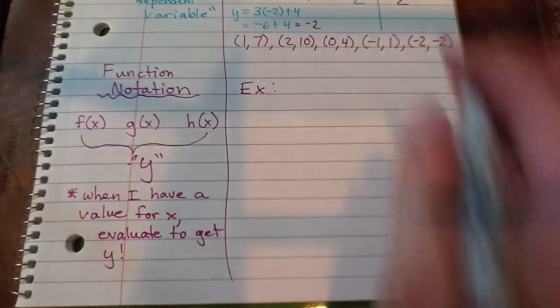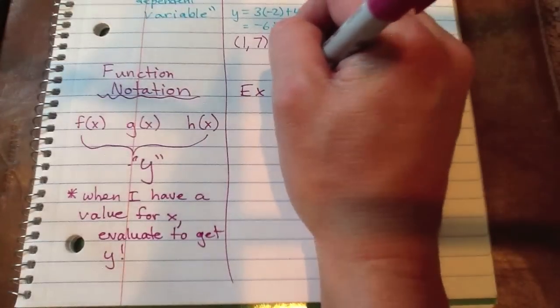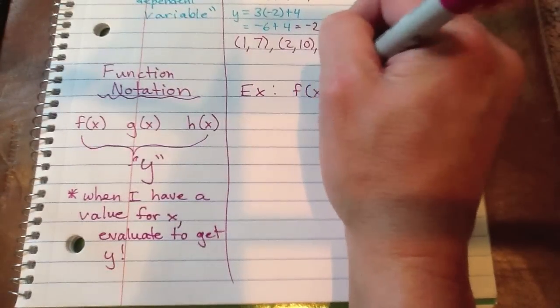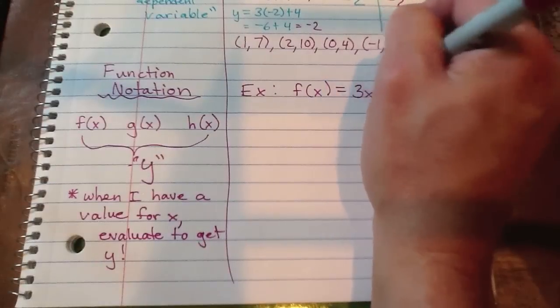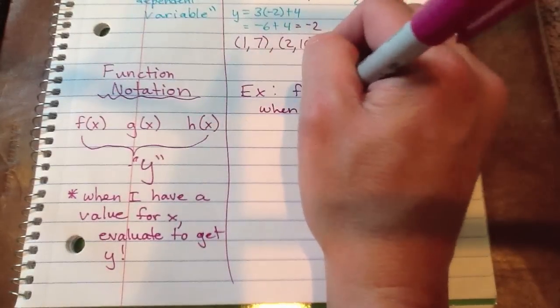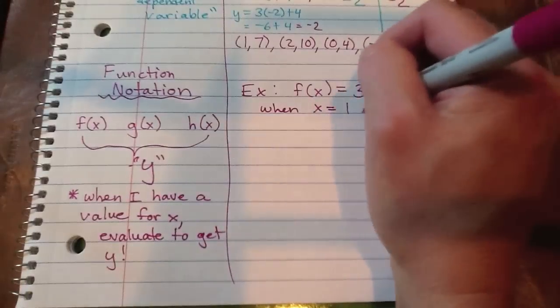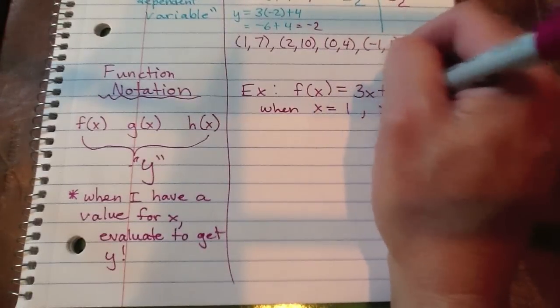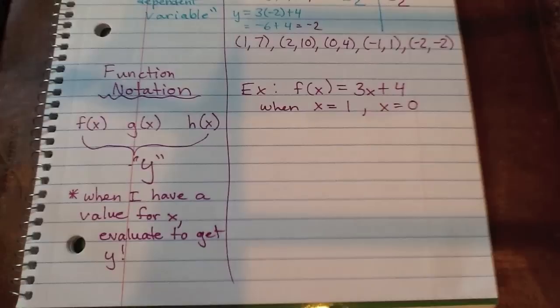And here's your example. f of x equals 3x plus 4 when x equals 1. x equals 0. So I'm giving you two different values of x.